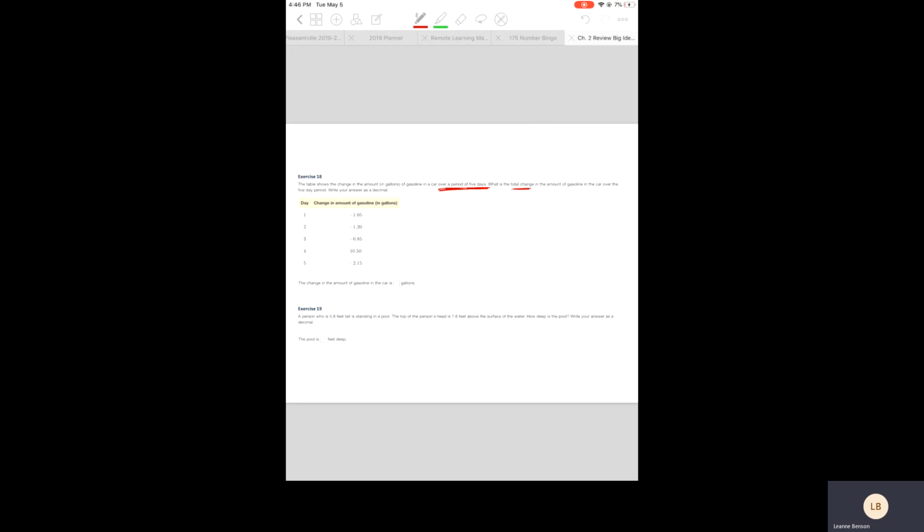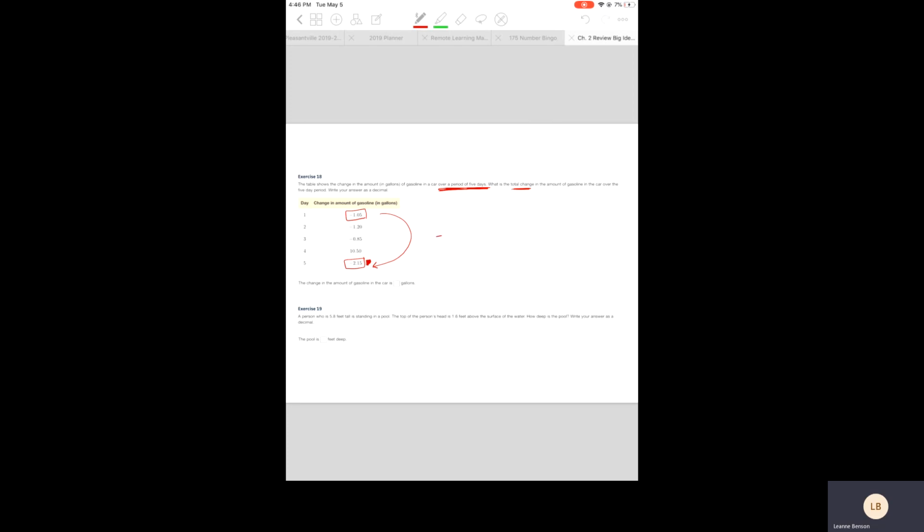Okay, so I have negative 1.05 and I have negative 2.15. I want to know what that change is. Okay, so I need to do negative, right? If I'm trying to find the difference, I need to start with this value right here, because I'm finding the difference from when it ended to when it started.